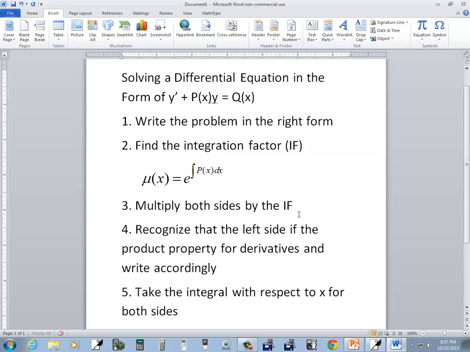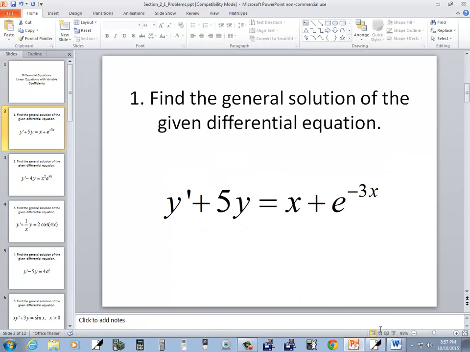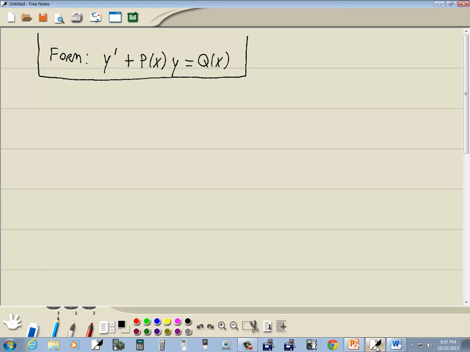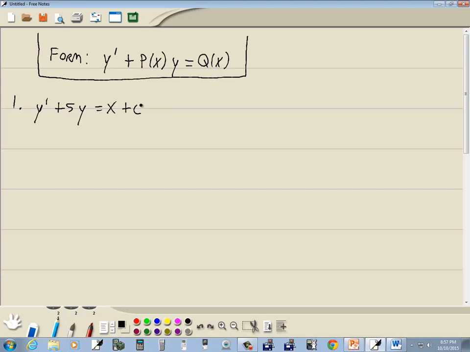Okay, let's take a look at some problems then. First problem here, we got y prime plus 5y is equal to x plus e to the negative 3x.